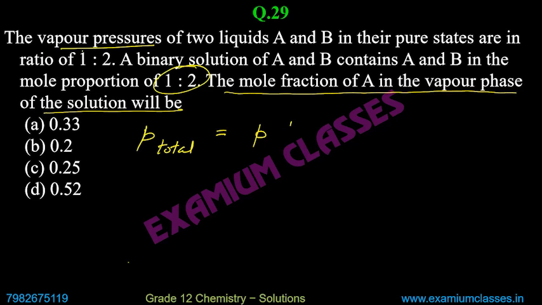Mole fraction is 1 by 3 plus 2P into mole fraction of B. Mole fraction of B will be 2 by 3. 2 by total. Total 1 plus 2, 3. 1 by 3, 2 by 3. Means P by 3 plus 4P by 3 means 5P by 3. So P total we got 5P by 3.